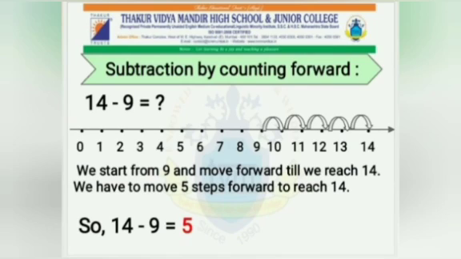Let's start counting forward with the help of the number line. We have to start from the smallest number among the given, that is, start from 9 and move forward till we reach 14. We have to move 5 steps forward to reach 14. So the answer is 5. That is, 14 minus 9 is equal to 5.